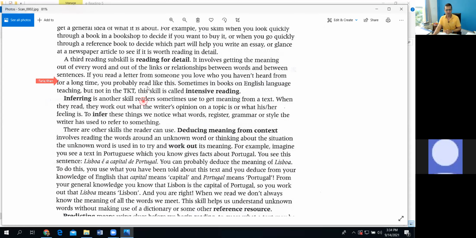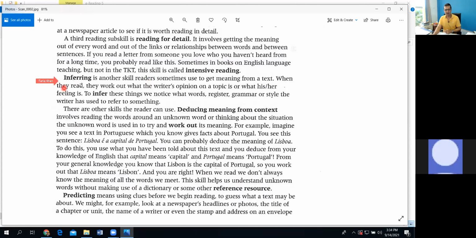Right. Next one is inferring, another skill readers sometimes use to get meaning from a text. When they read, they work out what the writer's opinion on a topic is or what her feeling is. To infer these things, we notice what words, register, grammar, or style the writer has used to refer to something.